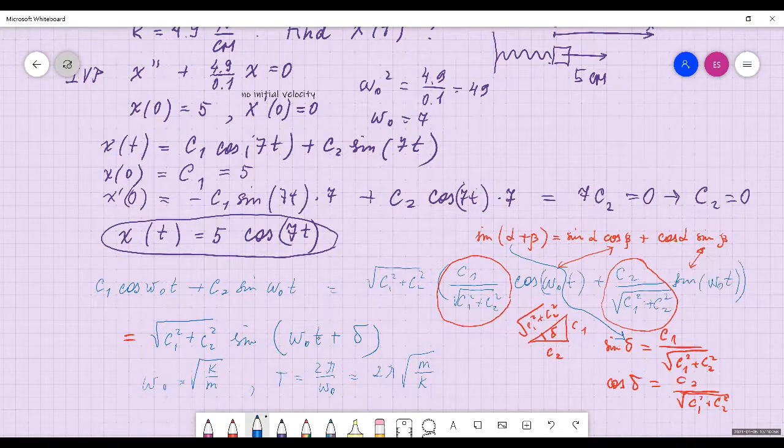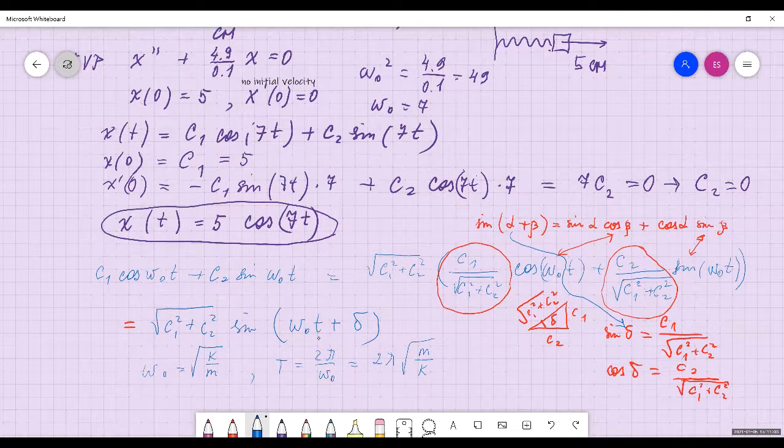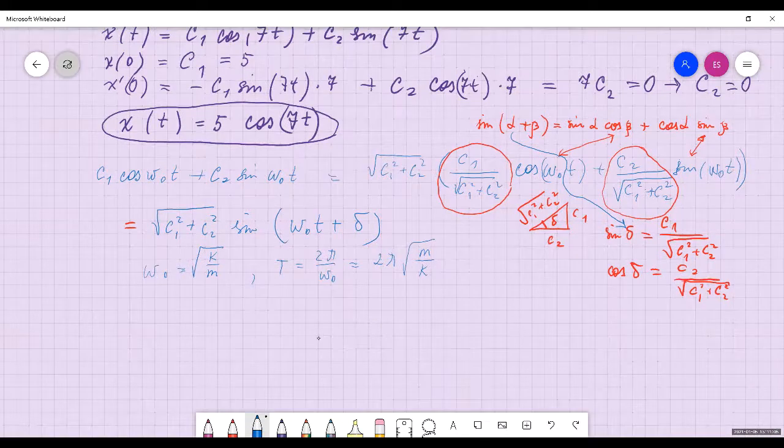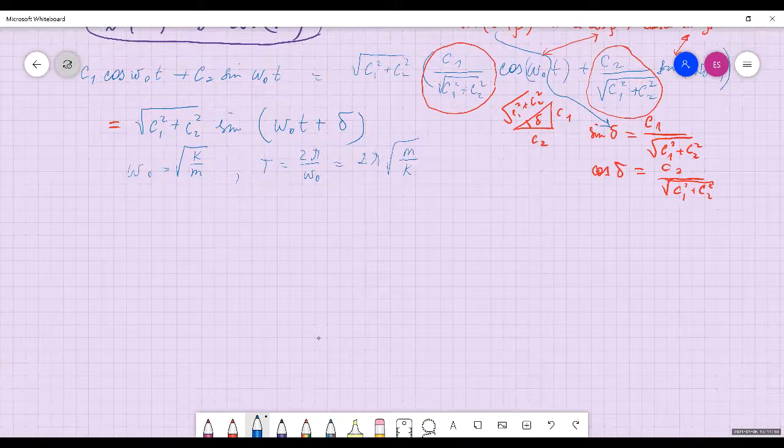Maybe I should consider one more example where actually we have both velocity and initial displacement given. Let's consider one more example. Give me a second, guys. I'm going to shift it up. Let me change my color. I'm going to use green. So, example 2. Let's imagine that mass equals 2 kilograms, has initial displacement of, I don't know, 2 centimeters.